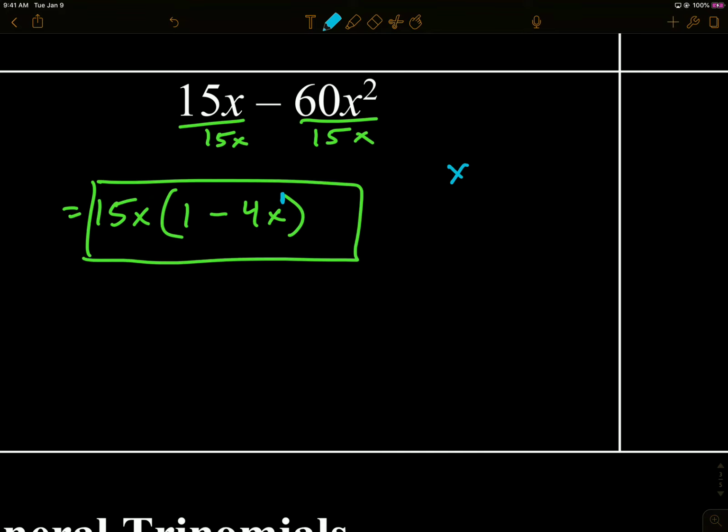But when you have x squared, you can square root it and it becomes x. If you have x and you square root it, it's just square root of x. You don't get anything else. So, and again, the main thing here is that it's a linear factor, so that's why I don't have to factor further. Notice that it's not in the order. I didn't switch the order, so if you did switch the order and called it that, then the answer you would have gotten would have been negative 15x times 4x minus 1.